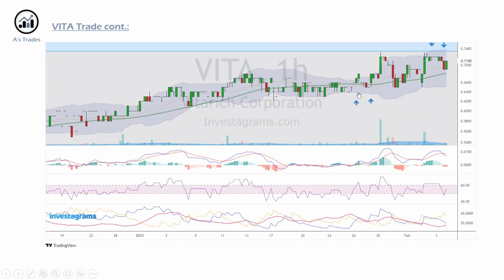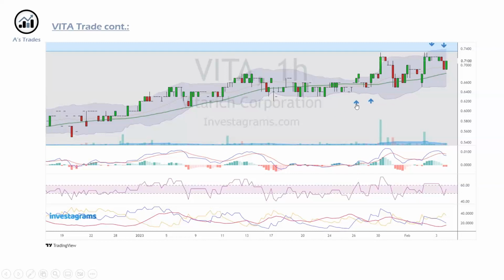The momentum as well, the RSI is already above 50 or 60. And cycles, the MACD is moving up above zero, with the MACD line above the control line, as well as the Bollinger Band starting to expand.